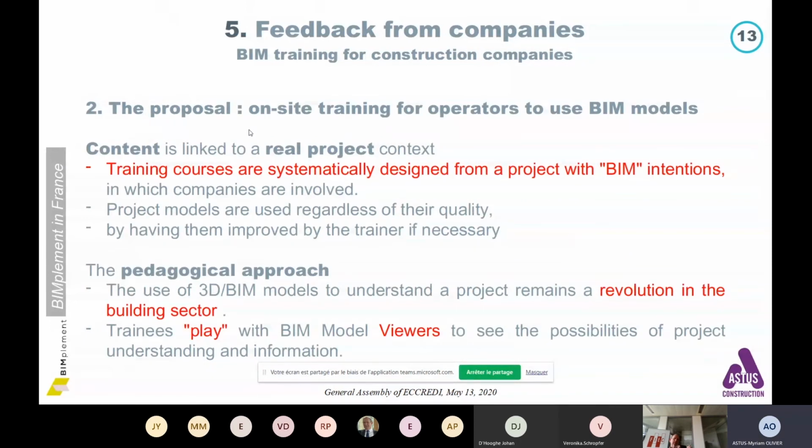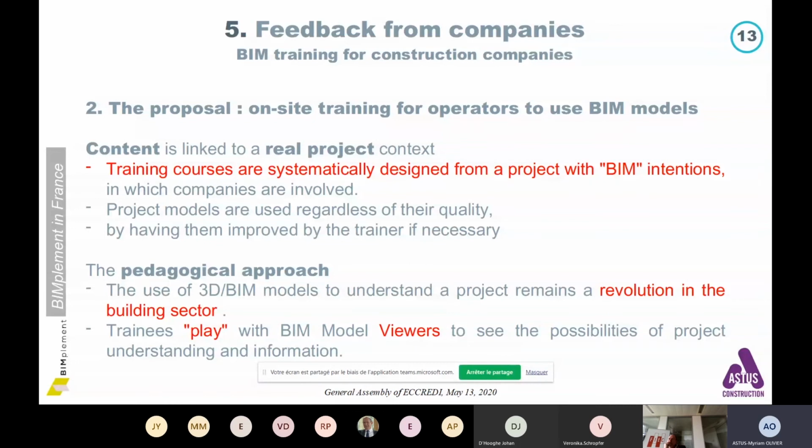The proposal we've been making is this training for operators on the BIM models. In fact, it's not operators only that have to be trained, because it appears that most managers and design offices in companies don't really know how they can use BIM models for their work, and they use them only for the call for bid.